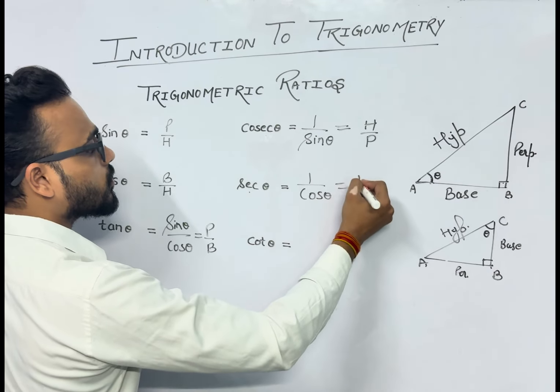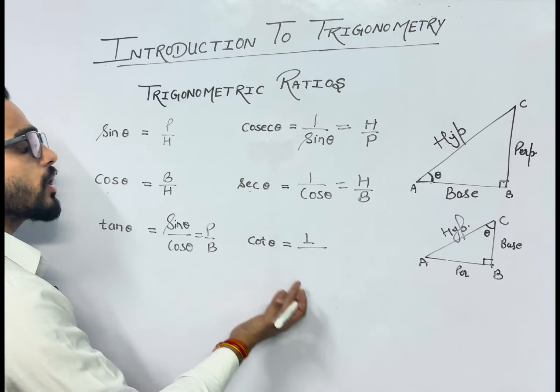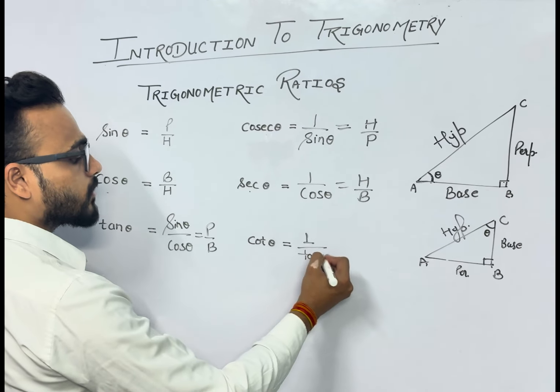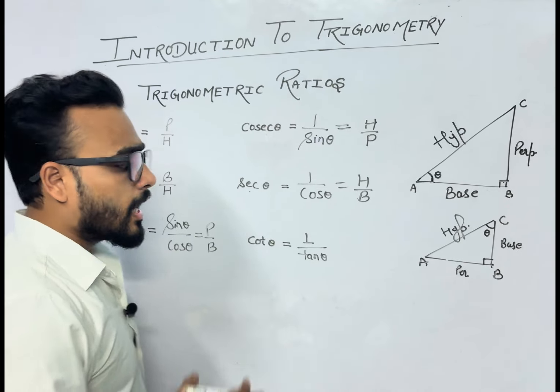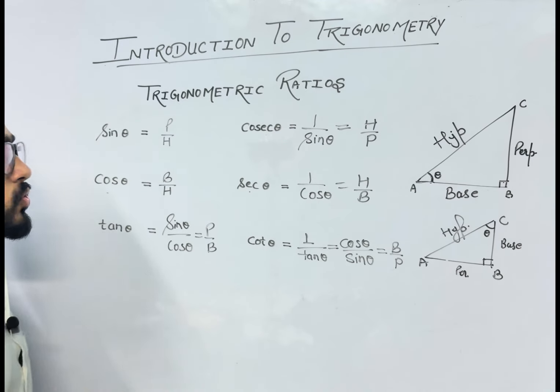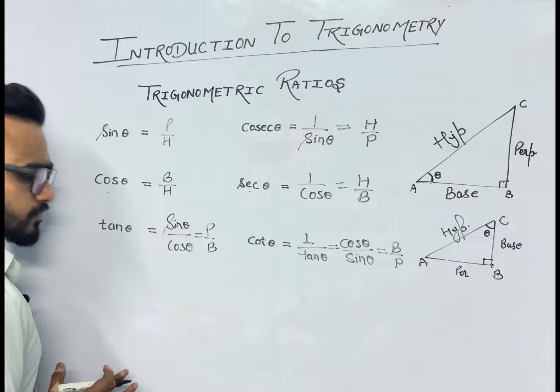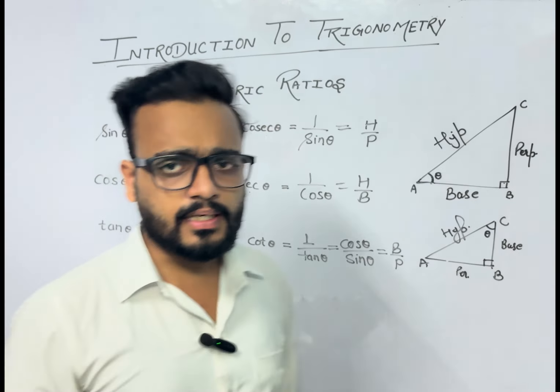And cot is the reciprocal of tan theta, that is 1 by tan theta, also represented as cos theta by sin theta, which is base upon perpendicular. So here we have six fundamental trigonometric ratios.